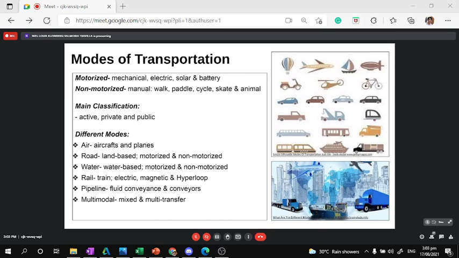So pipeline can be fluid based na conveyance or conveyor type. So conveyor type na ay kable. So it could be a cable system or conveyor system. So ang fluid conveyance kanang sa mga Middle Eastern country, they have pipelines that will deliver petroleum products, so that's under pipeline.